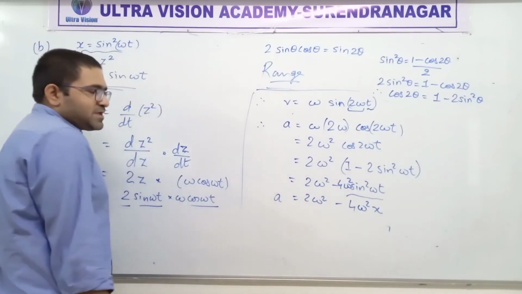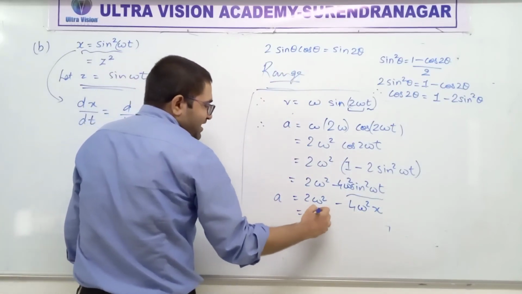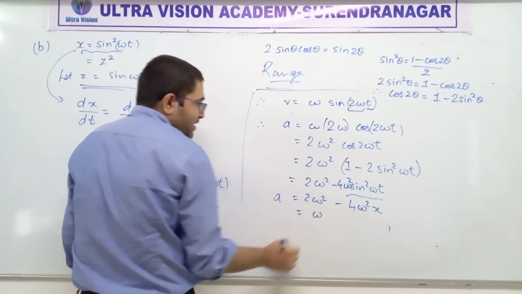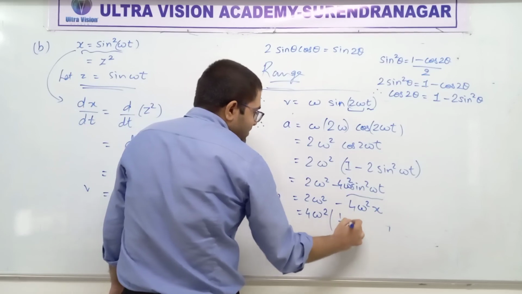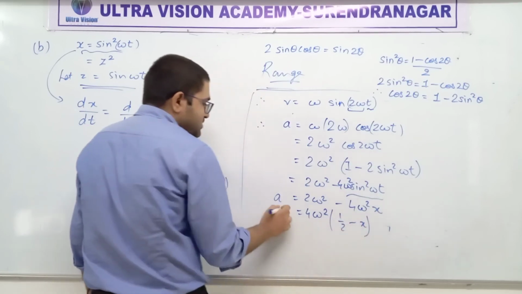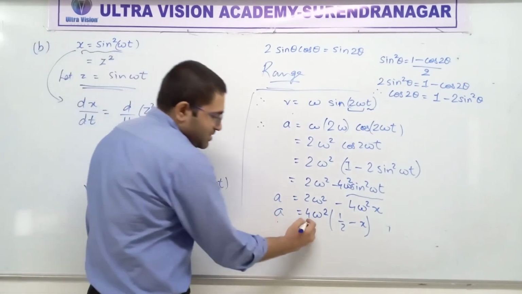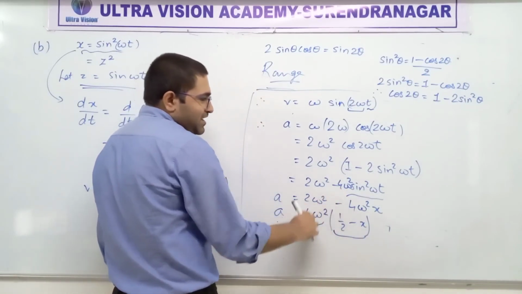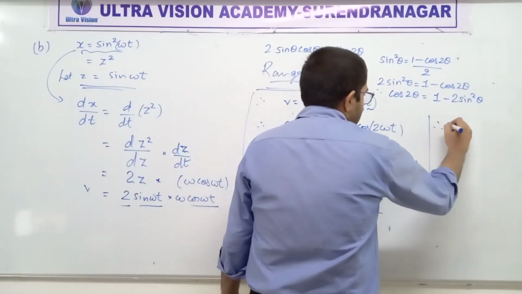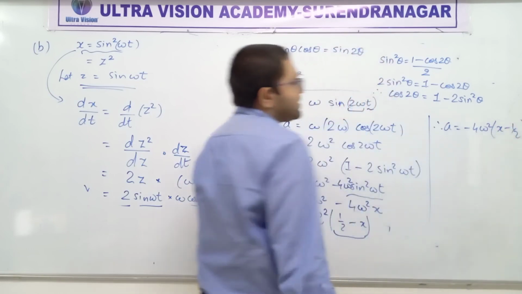So you see, once again, if we subtract something from x, we can write it in this form. Have a look. 4 omega square common, 1 by 2 minus x. So this is where we get a proportional to minus delta x. This is a constant, and this is minus delta x, because I can write it as x minus 1 by 2 and put it in that form.